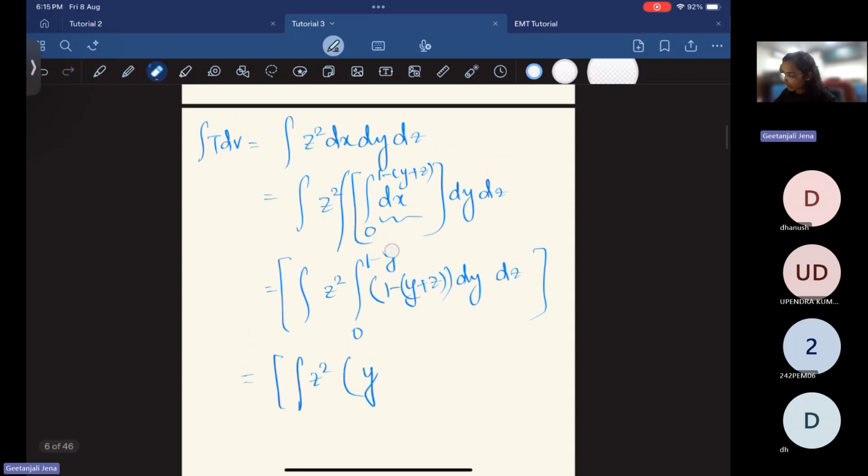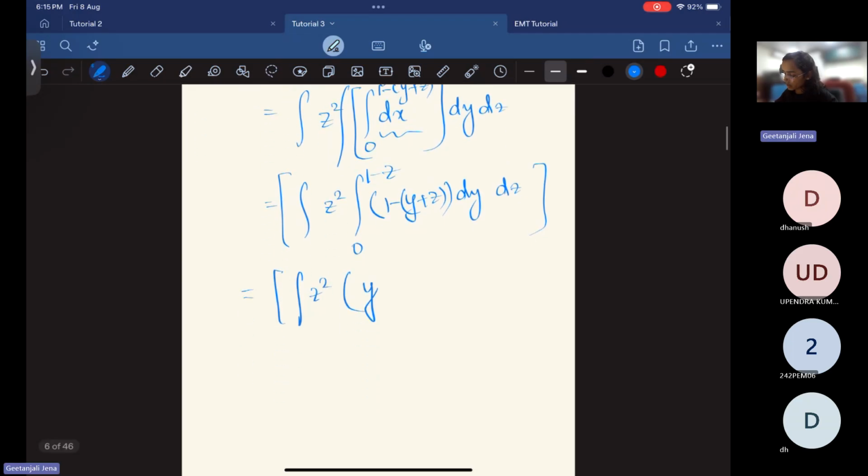Okay, so this should be 1 − z, right? So we are taking the limit on y, so this should be 1 − z. So one gives y, this is y squared by 2, and the other one is z y. So the limits are from 0 to 1 − z, dz.